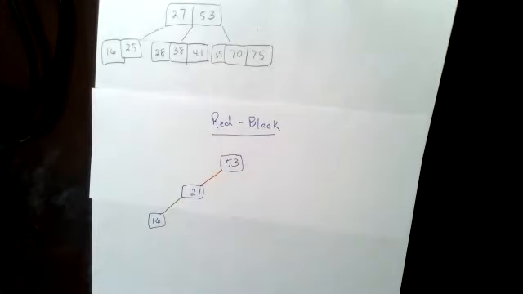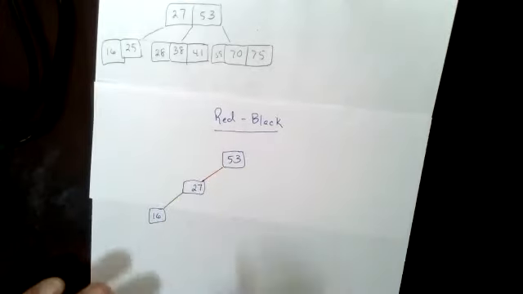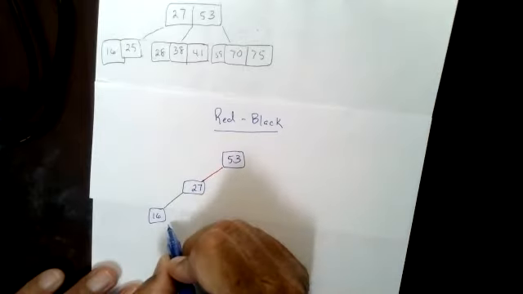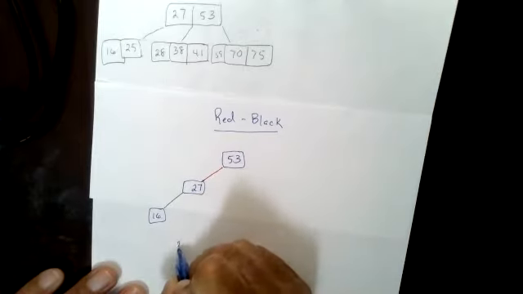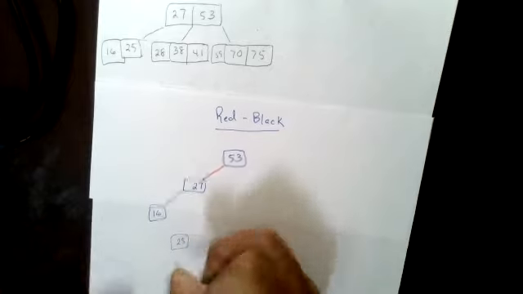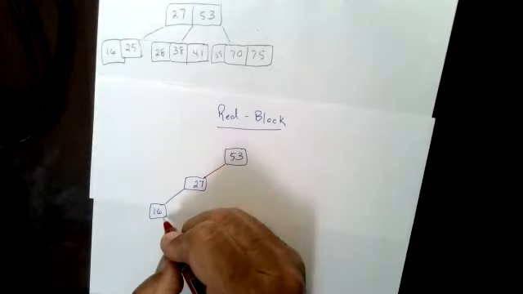So I'm going to connect that with black. And now I'm going to draw the 25, which should be to the right of the 16. And since it's a sibling, I'm going to connect it with red. So 27 and 53 are siblings. 16 and 25 are siblings. 16 is a child of 27.